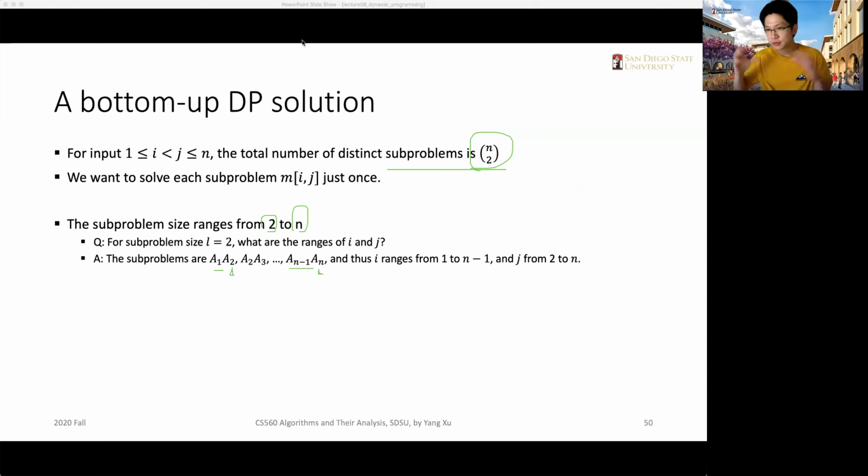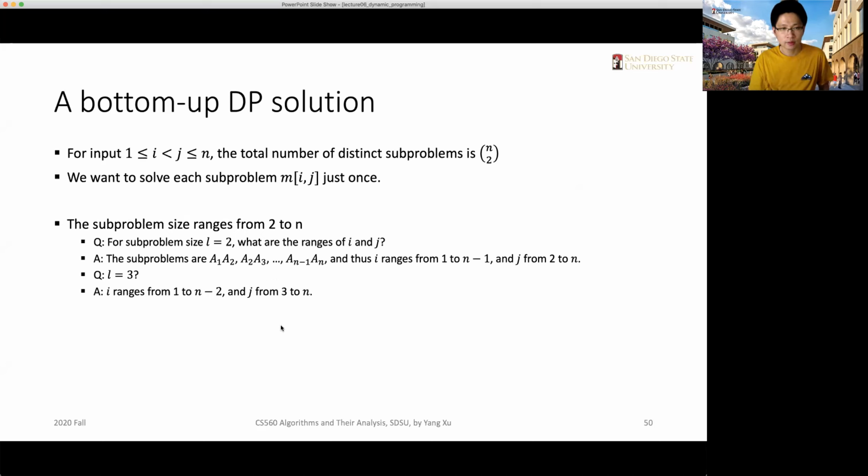And if we increase the problem size by 1, say the subproblem of size 3, then we will have A1 times A2 times A3, A2 times A3 times A4, and so on, right?